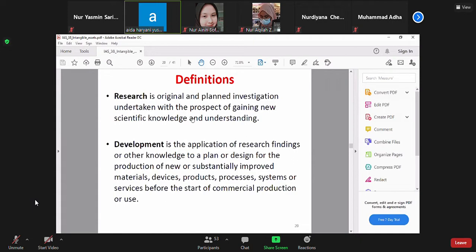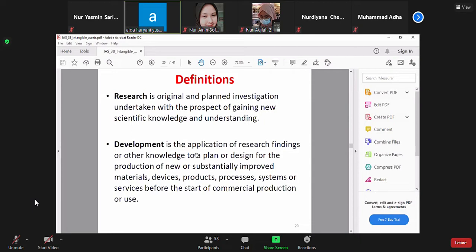So bila COVID tiba-tiba dia jadi wabak, and then scientists started to make some kind of research on it. Okay, that is considered as original and planned investigation. Okay, to get scientific knowledge and understanding why is this virus come out, contohnya. So they make some kind of research.